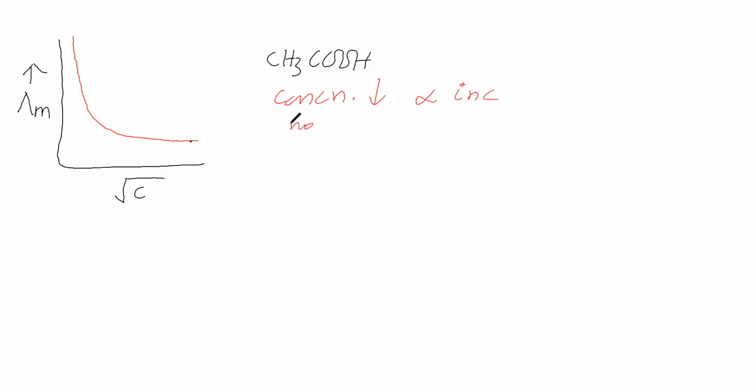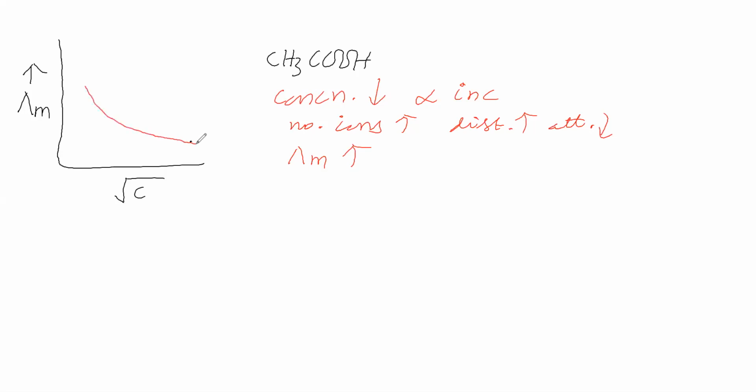So the number of ions increases, the distance between ions increases, and the attraction between ions decreases. Therefore lambda m increases. Here some modification we will do in this graph. The graph goes like this, modified to some extent.